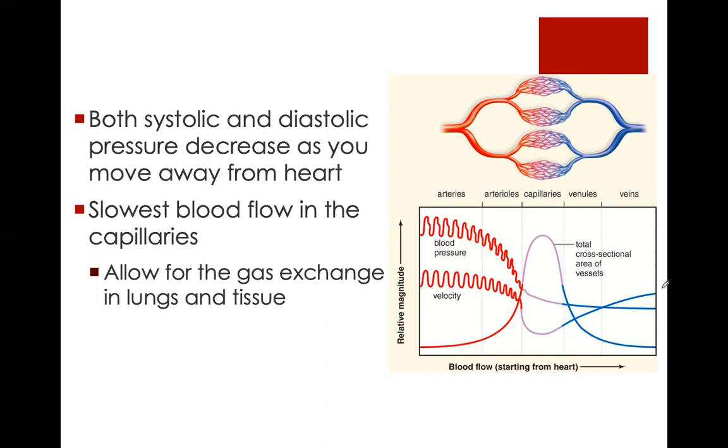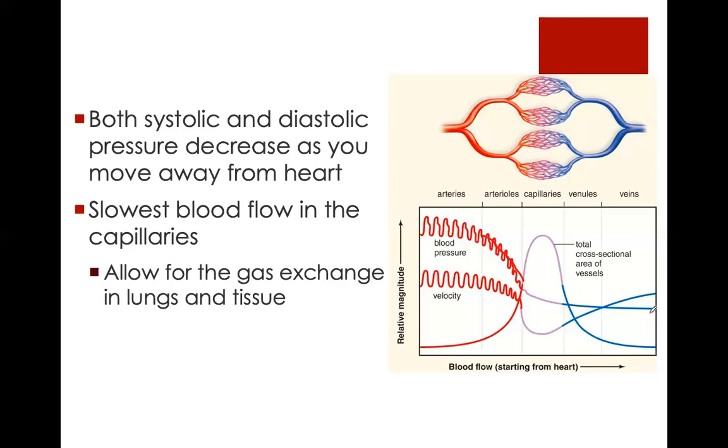Now, if you look at your pressure, you have a relatively stable pressure in arteries, and then you see a significant drop in your arterioles. For the rest, which is your capillaries, venules, and veins, you have a relatively stable pressure.